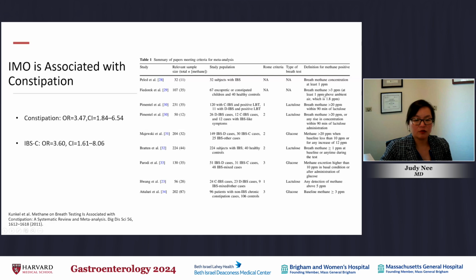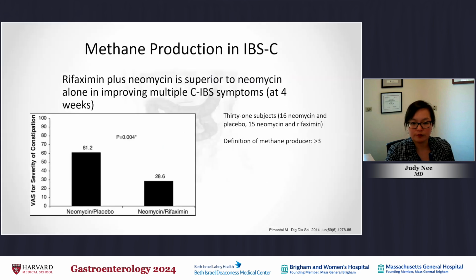So you can see here that some studies even looked at greater than 3 parts per million as IMO, some as greater than 20 parts per million, etc. So very varying definitions that correlated constipation with IMO, but there are many studies at this point that do show the correlation.